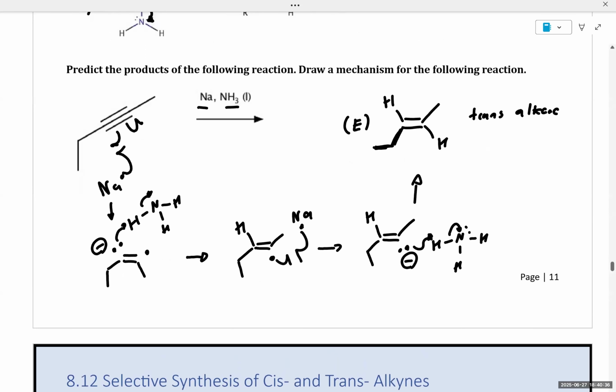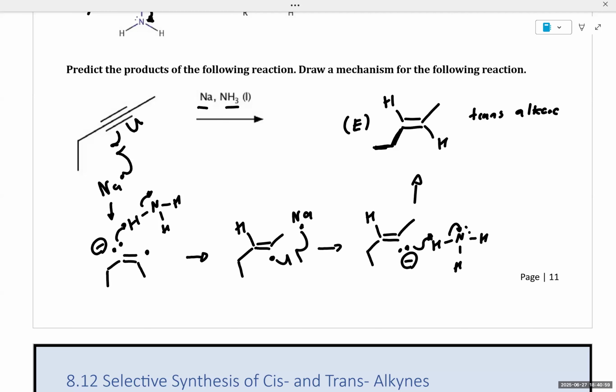This is very useful because we can combine what we've learned in this chapter with what we've learned in chapter 7. We can make alkenes with defined stereochemistry and then react them in further stereospecific reactions to make products with defined stereochemistry.